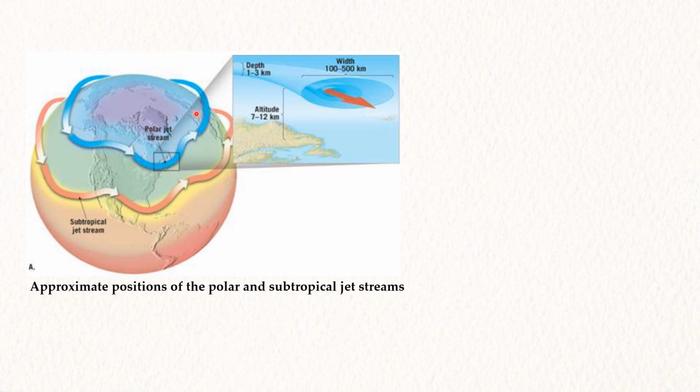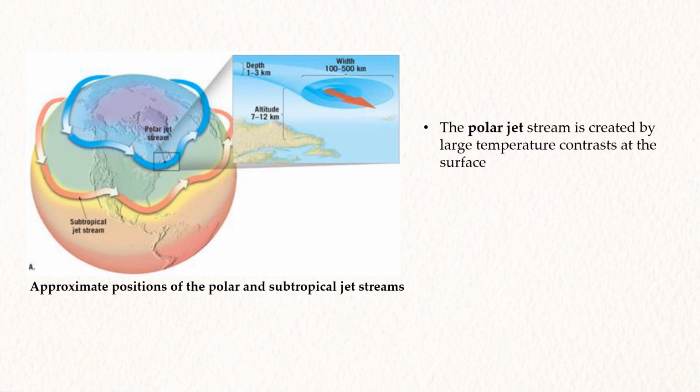We have two different jet streams, the polar jet stream and the subtropical jet stream, illustrated here. First, we're going to check the polar one, which is created by large temperature contrasts at the surface.